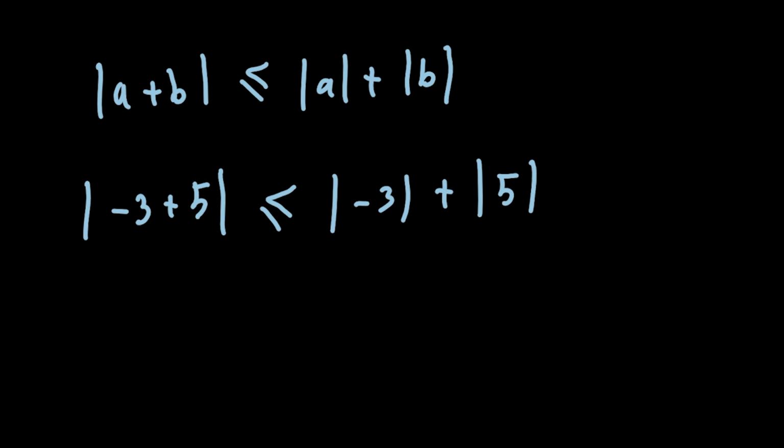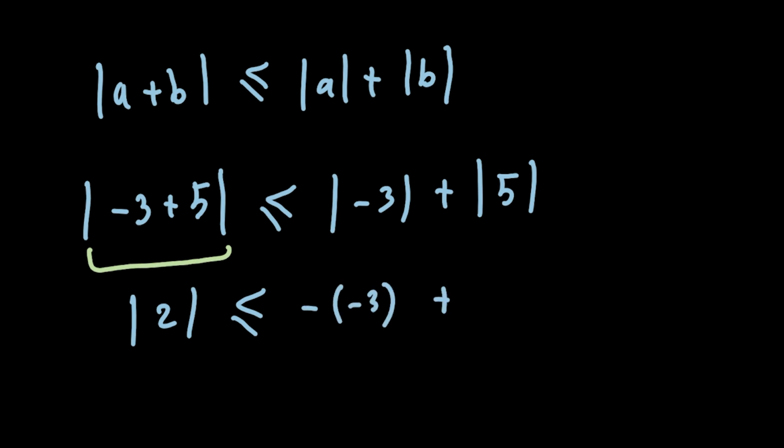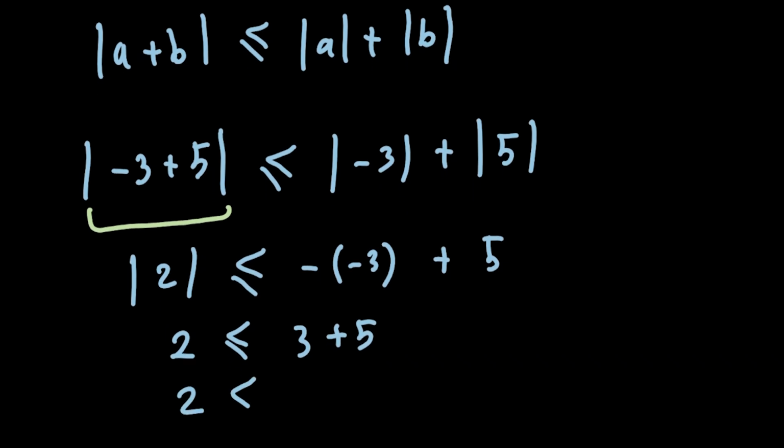The left part is the absolute value of 2, which is 2. On the right we have the absolute value of minus 3, which is 3, plus the absolute value of 5, which is 5. So 2 is less than or equal to 3 plus 5, and 2 is less than or equal to 8, which is correct.